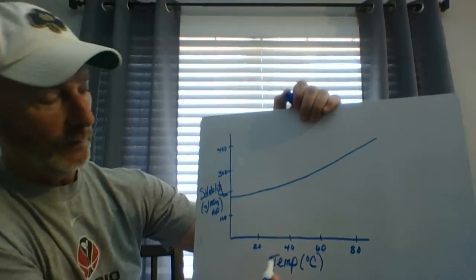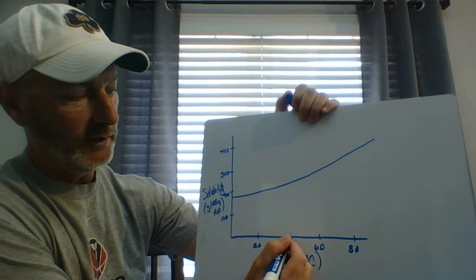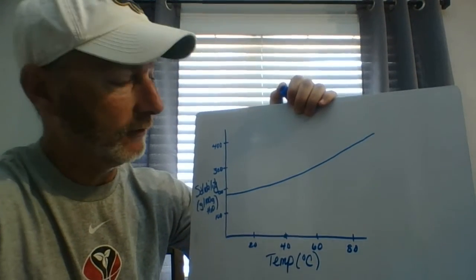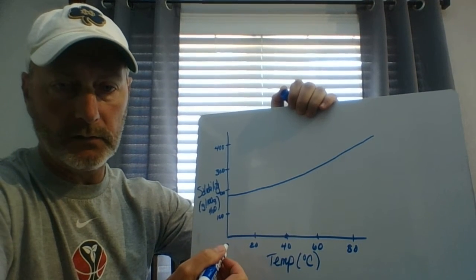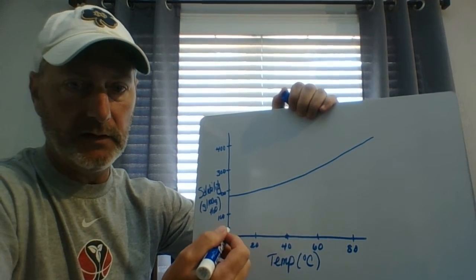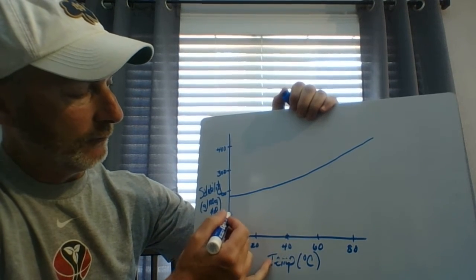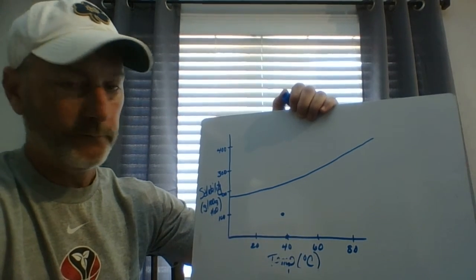So if we say, okay, we're at 40 degrees Celsius, that's where we're going to work from here. And we say we put 100 grams of this substance into 100 grams of water. So that point would be right there.